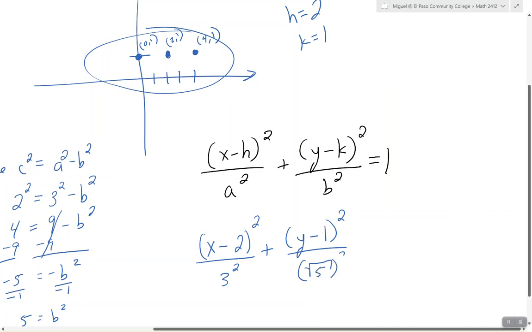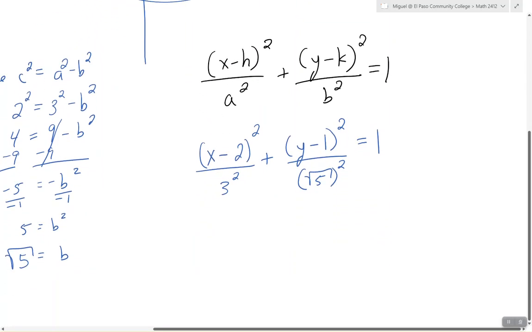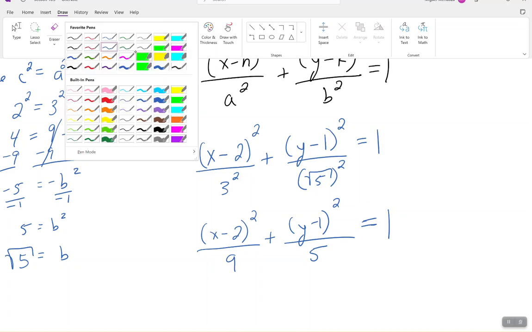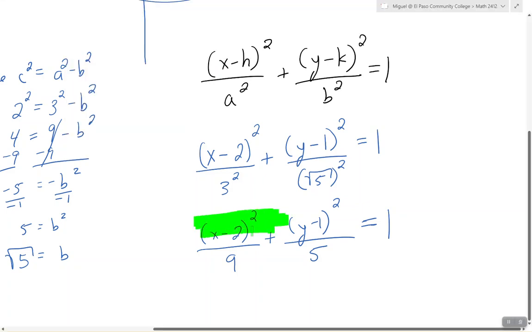We just found that, square root of 5 squared equals 1. Simplify a bit. x minus 2 squared over 9 plus y minus 1 squared over 5 equals 1. And that is our simplified equation for that ellipse.